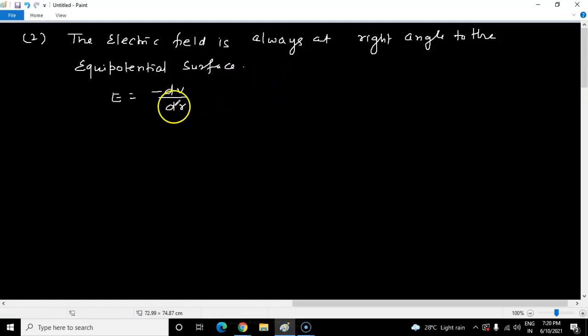So E is equal to minus dV by dr, this formula we already know. If you cross multiply, I can write minus dV is equal to E into dr.